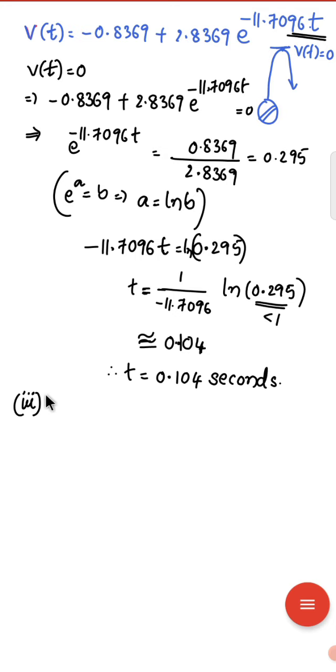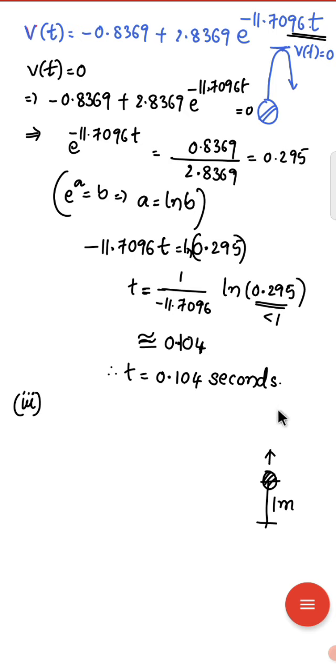The third question they asked is, when the ball is thrown from a height of 1 meter, what is the maximum height that it can reach?